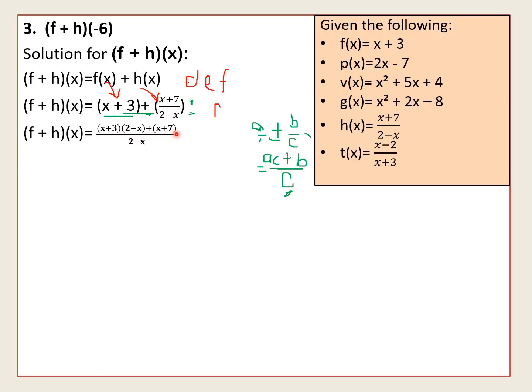Okay? So, fraction bar muna. Tapos, ano yung magiging denominator natin dito? 2 minus x. So, kokopyahin lang natin to kasi ito yung LCD eh. Okay? So, 2 minus x. Tapos, si 2 minus x, imumultiply sa first term. Ito. So, x plus 3 times 2 minus x. Tapos, add, then, kopyahin yung numerator. That is the shortcut way. Okay? So, x plus 7.